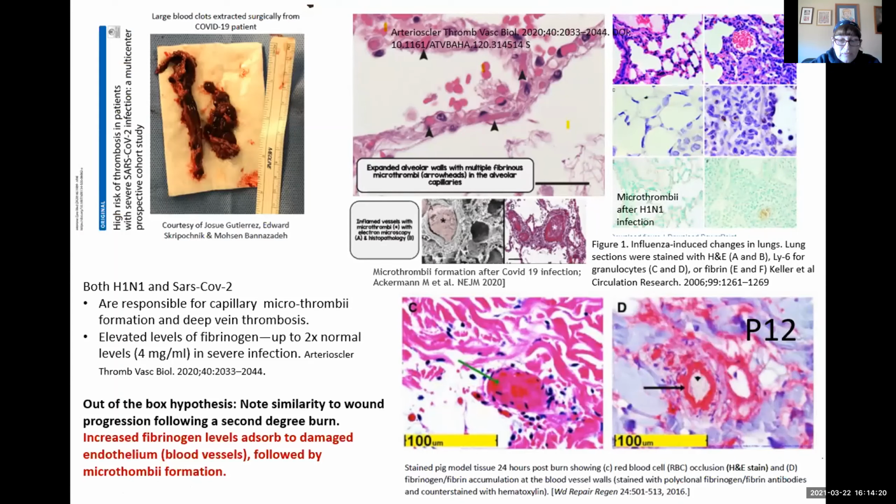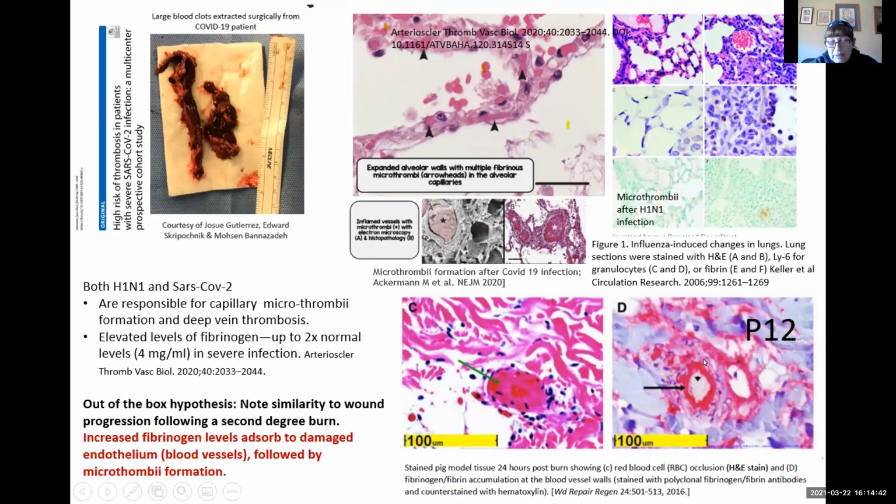And what they found was the addition of P12. This is completely off field from here, but very related. The addition of P12 prevented burn progression from 2nd to 3rd degree burns. And the reason that they showed was that this is a capillary very similar to the ones you see up here.